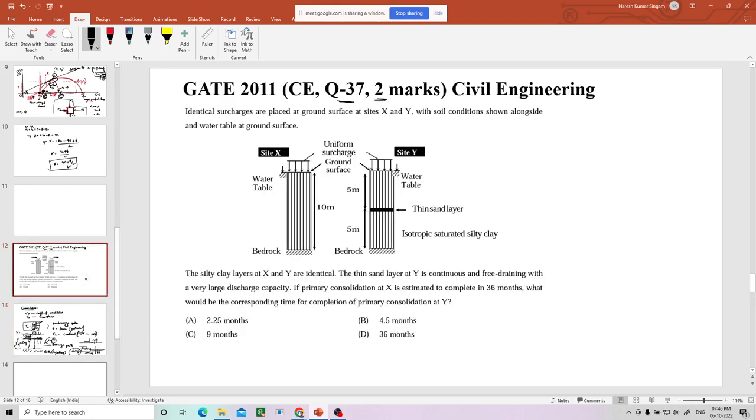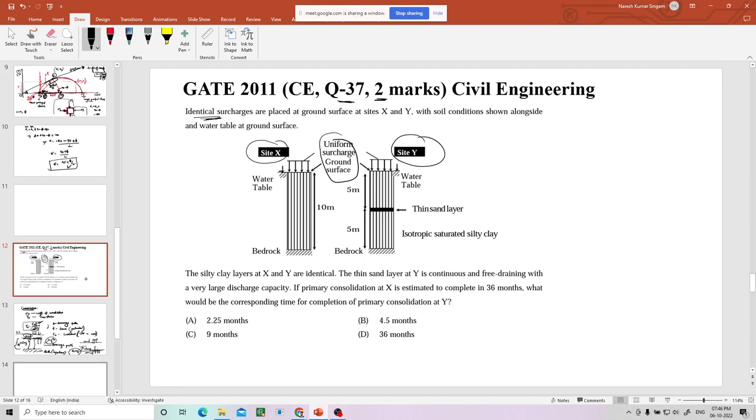So let's see what is said in this question. Identical surcharges, so there is some surcharge on two different sides, both are identical, meaning they are equal to each other, placed at ground surface at site X, this is site X, this is site Y, with soil conditions shown alongside and water table at the ground surface.